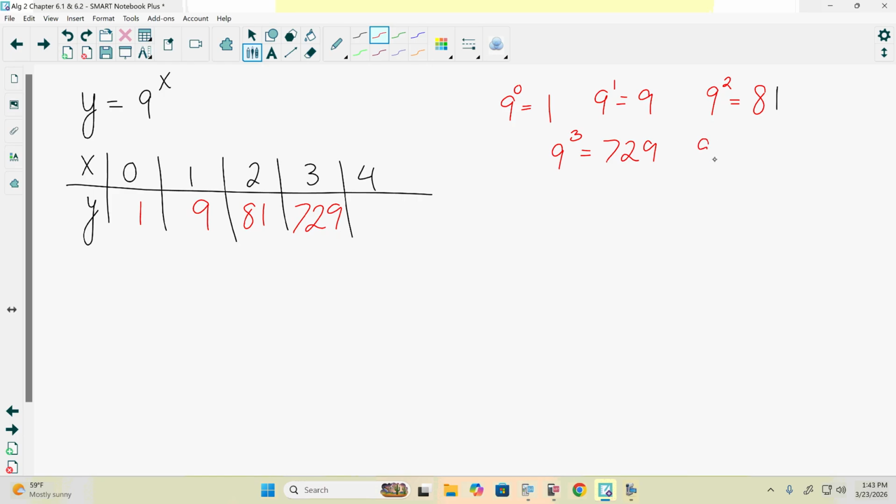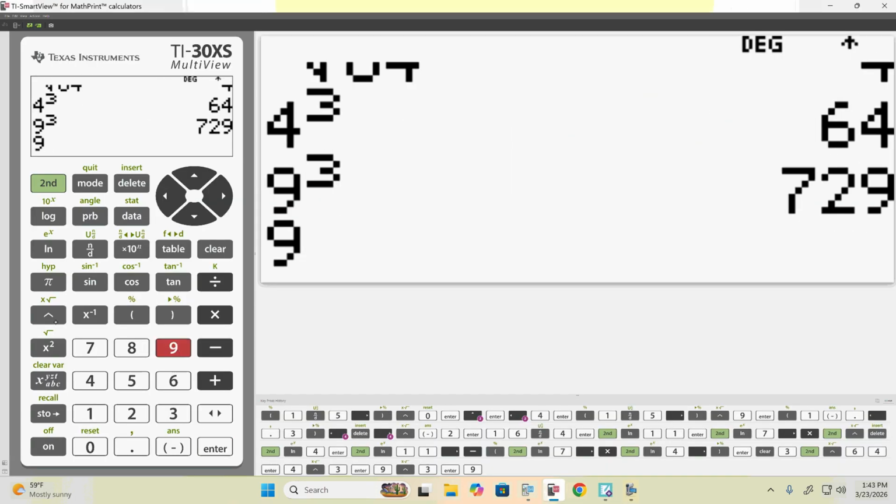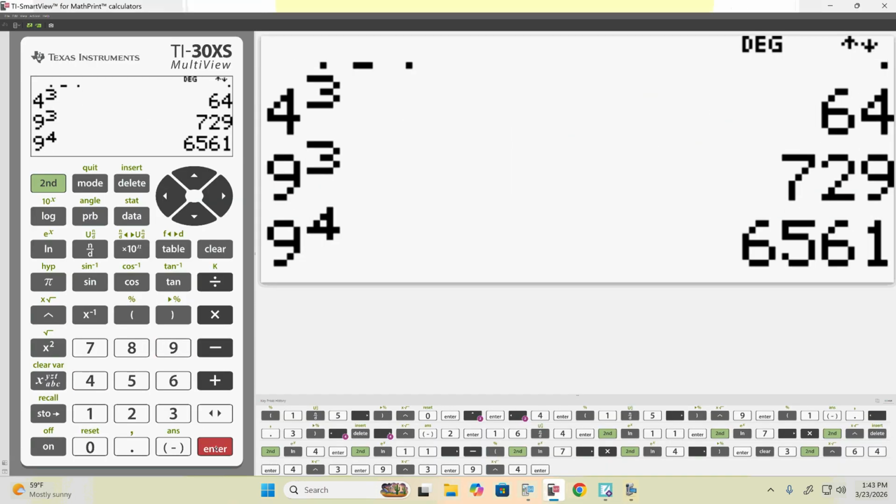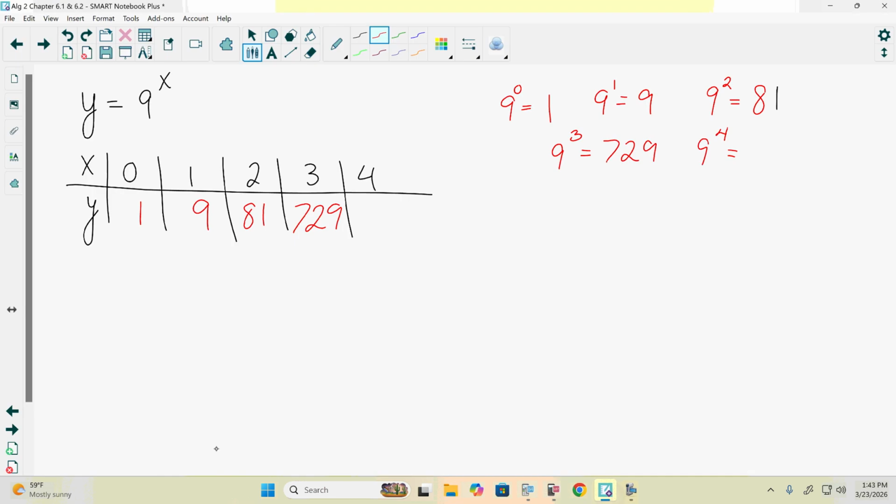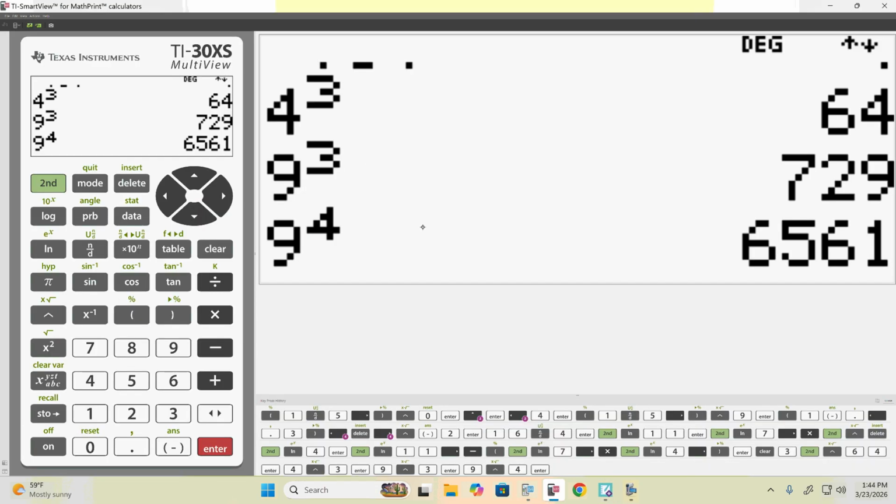Now if we do 9 to the fourth, 9 to the fourth power is now 6,561. Because we increased by 8, we increased by 72. Then we increased by 648, and then we just increased even more.